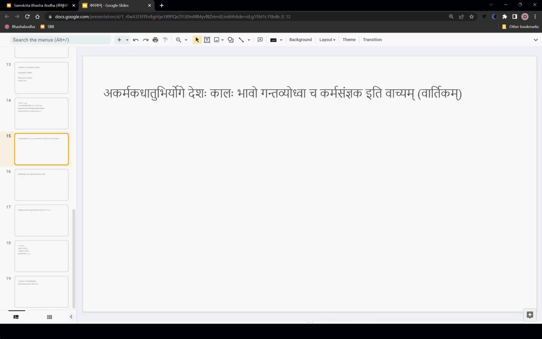But if it is used with the Upasarga V, Vimana, then by Prayoga it is a Dvilingi. It could be used in Pullinga or Napumsakalinga, Vimana or Vimanam. Some nouns have multiple lingas, like Vimana.